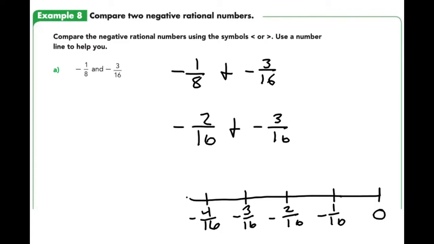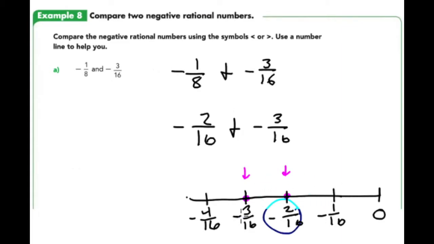And now we could plot all of our numbers that we have here. We had a negative 2/16 right about there, and negative 3/16 was right there. So here are the 2 points that we are comparing. If we compare these 2 points, we know that the negative 2/16 is on the right.